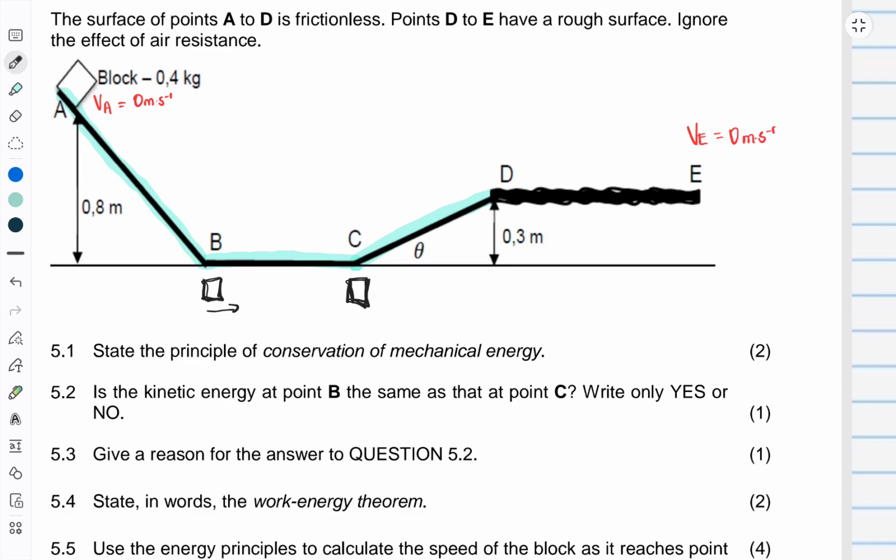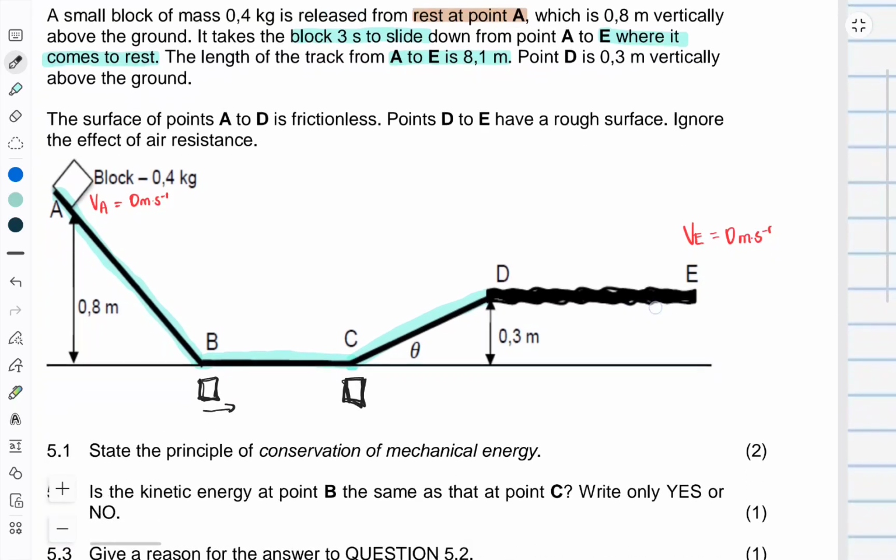Another way to think about it: the path we have highlighted, A, B, C, and D, this whole path is frictionless, and there's no air resistance. So for A, B, C, and D, there's no air resistance, and what else? No friction.